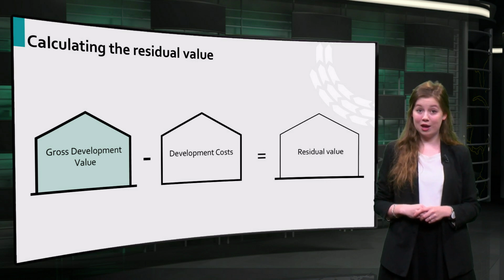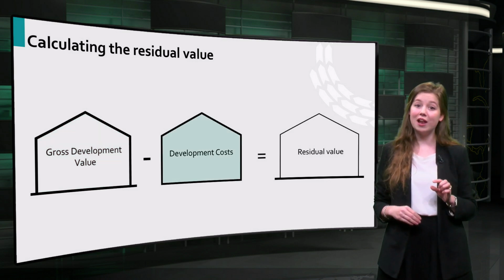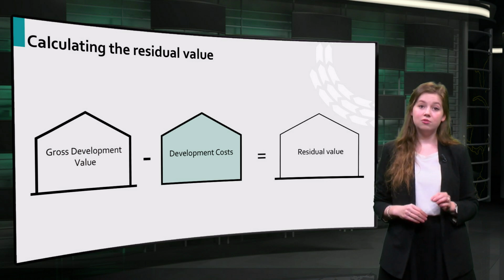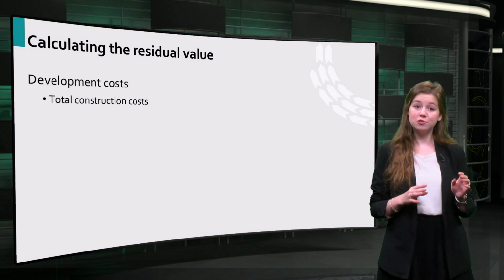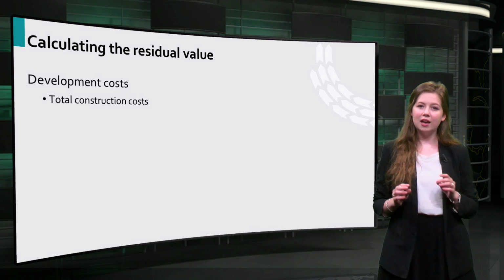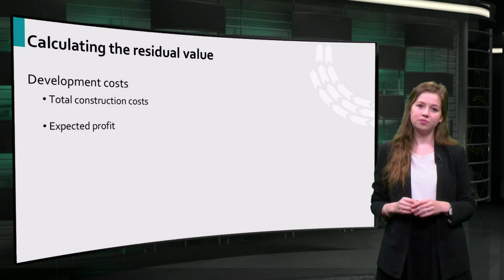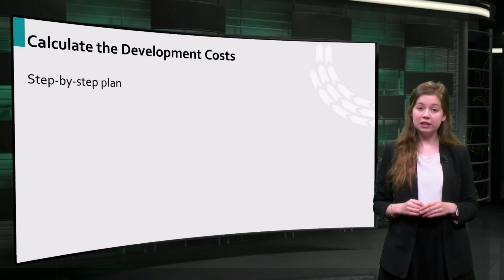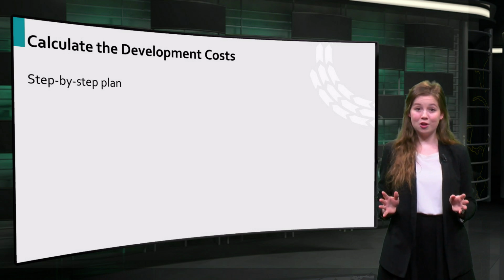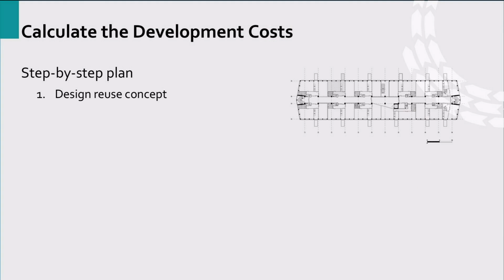The second number we have to calculate is the amount of development costs. The development costs include the total construction costs and the expected profit. Let's use a step-by-step plan to determine the development costs of the particular reuse concept. Firstly, you take the reuse concept that you designed for your previous calculations.